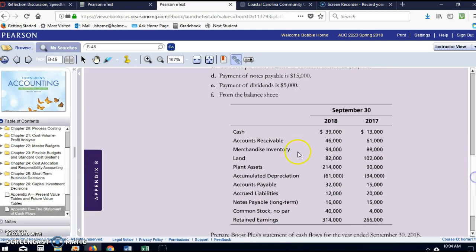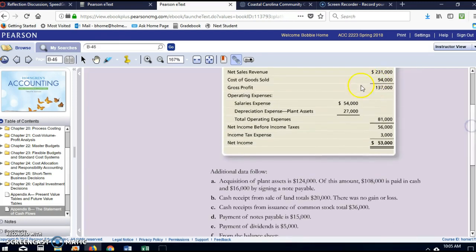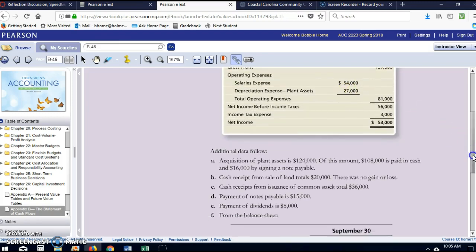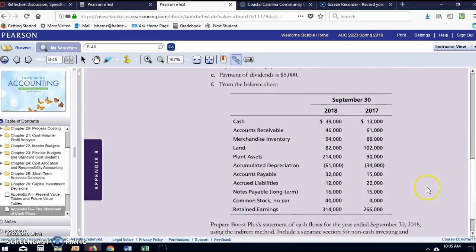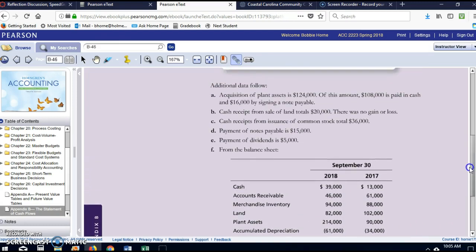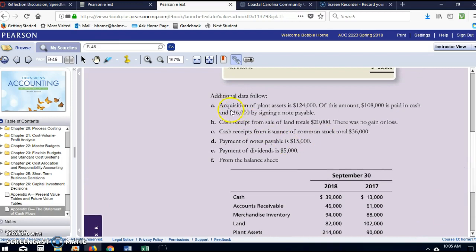Of course, we'll need to look at increases and decreases in current assets, so these two, and then we'll need to look at accumulated depreciation. We know it increased by $27,000, and that is the exact amount of depreciation expense. We also will look at some other things. But first, let's look at our transactions, and let's think about our transactions.